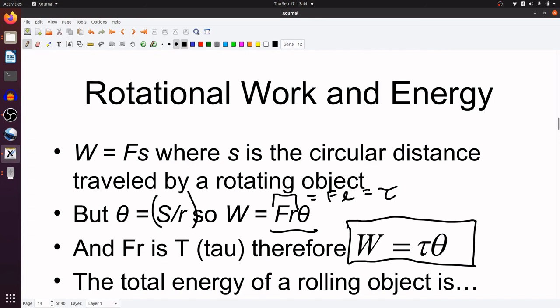And so technically, if you were to work it out, you would get the unit of work in a circular motion as a Newton meter radian, where radian is not a true unit, so we drop it off. But that's a big deal. That work in a circle has to be multiplied by the angle it goes through, because if you don't, then you won't actually know how much work was being done, because you don't know the angular displacement of the object.